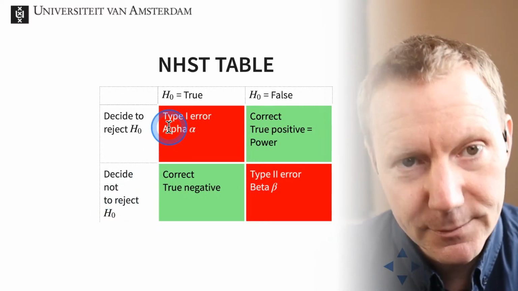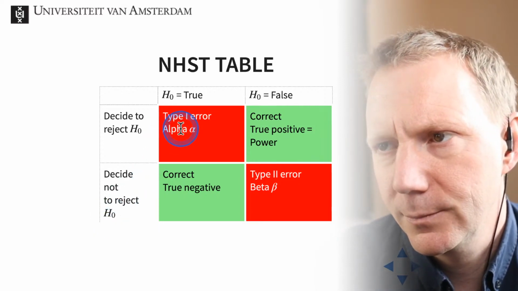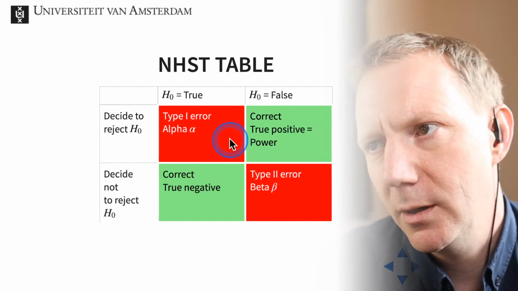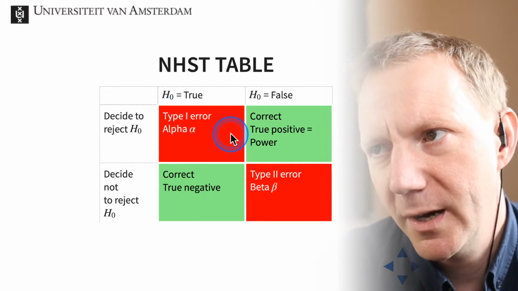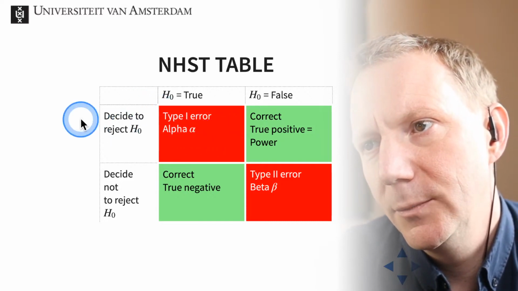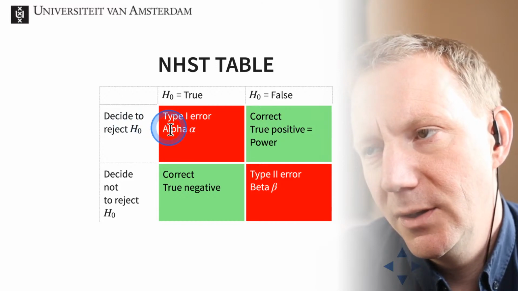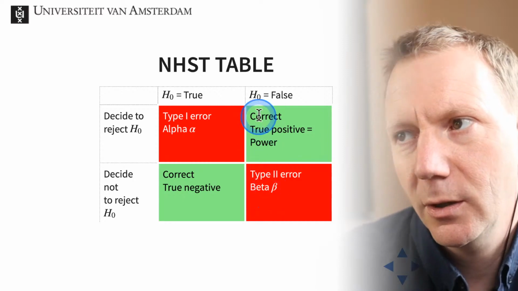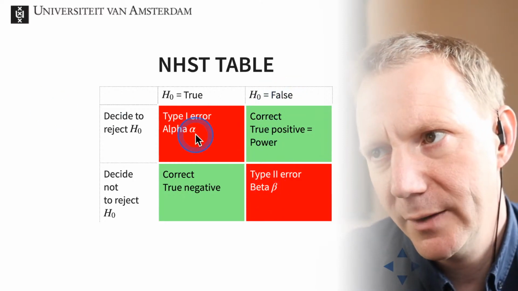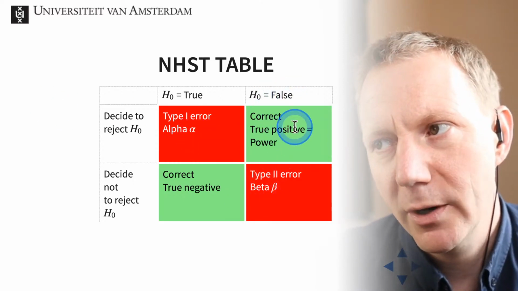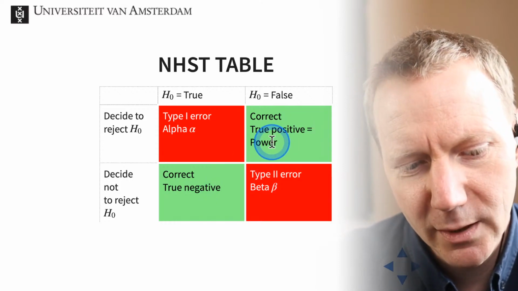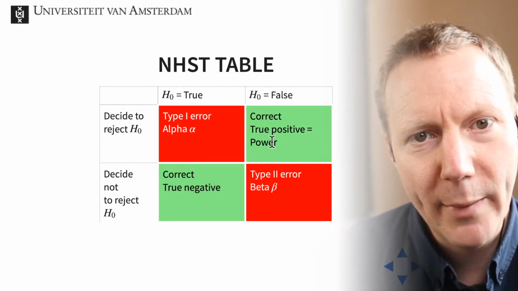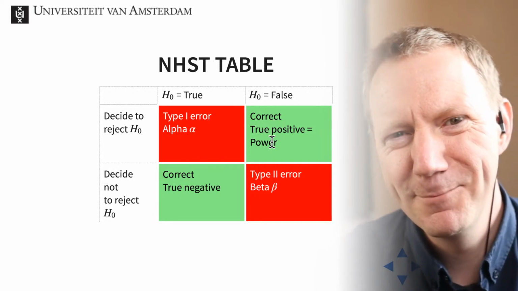And within this decision table, we could make two types of errors: the type 1 error by rejecting the null while it's actually true, or by not rejecting the null while it's actually false. So you have two decisions that are wrong, and you have two decisions that are good decisions. You remember this, right? This should be familiar.